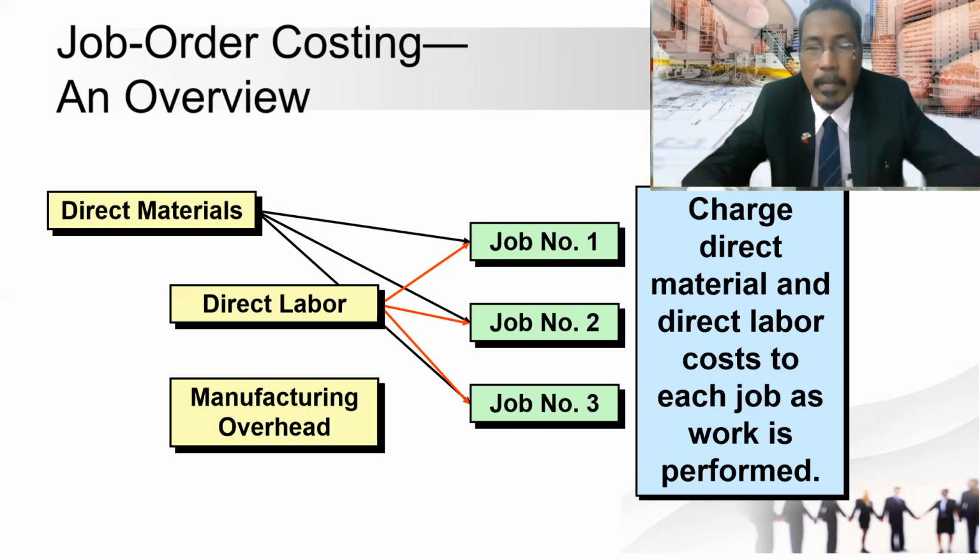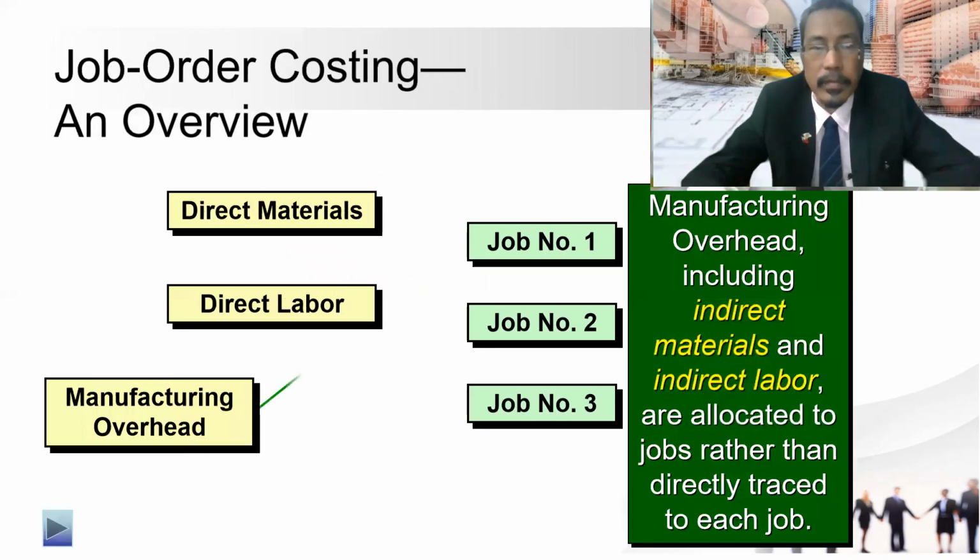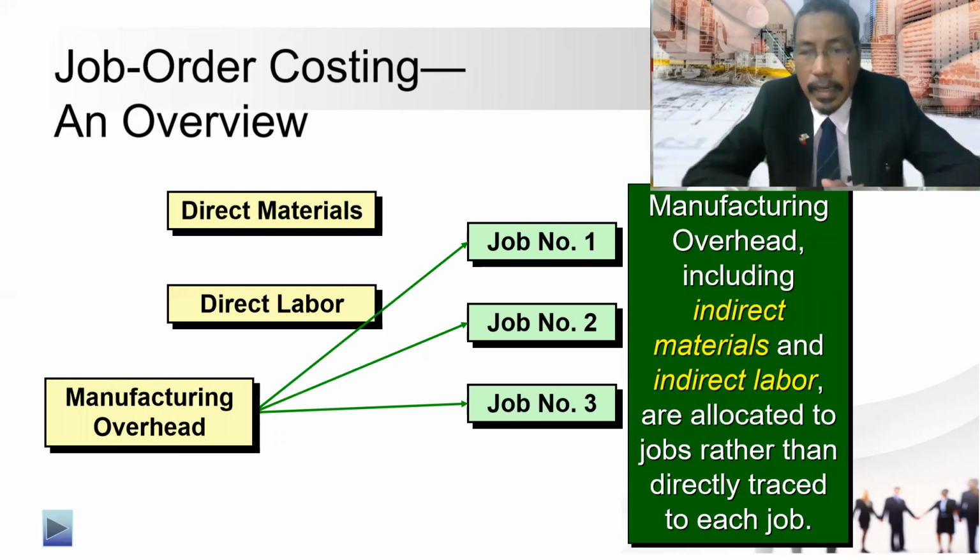Okay. So manufacturing overhead, including indirect materials and indirect labor, are allocated to jobs rather than directly traced to each job.